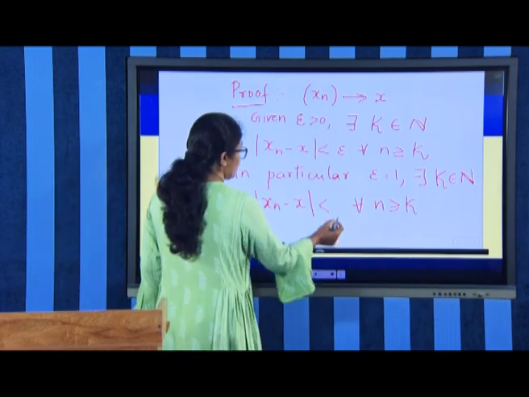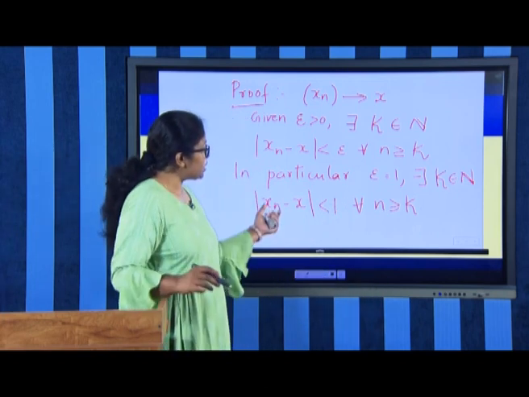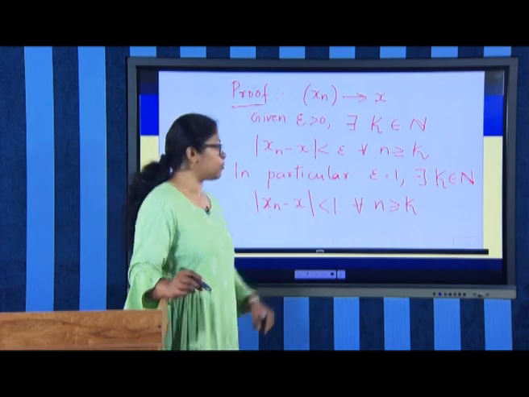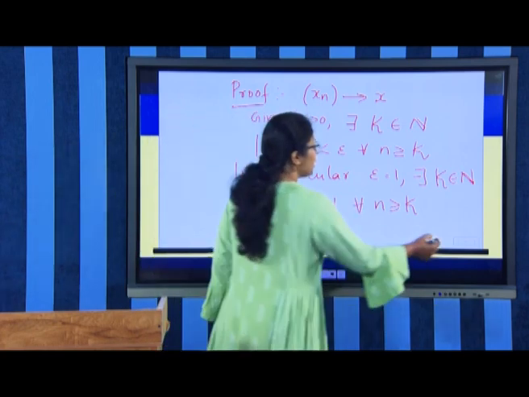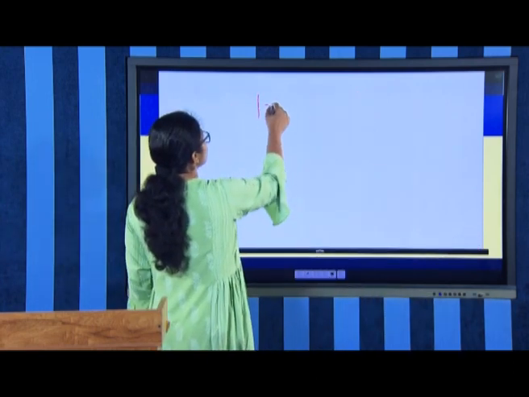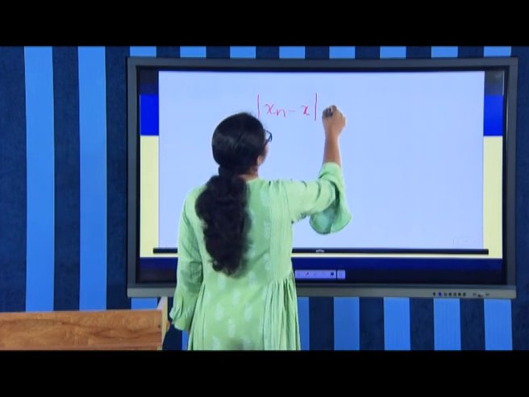So, modulus of xn minus x is less than 1 for every n greater than or equal to k.